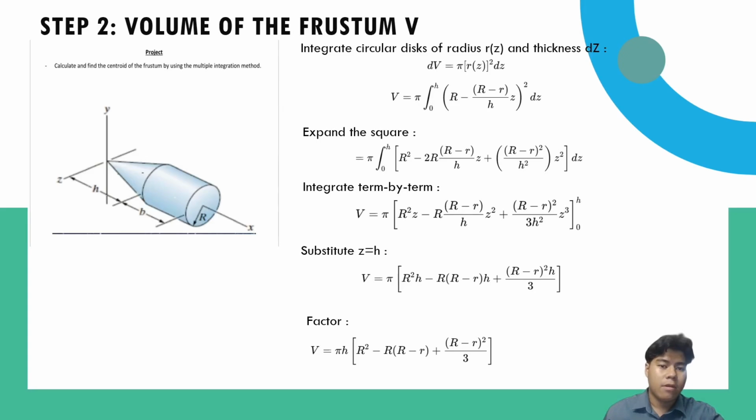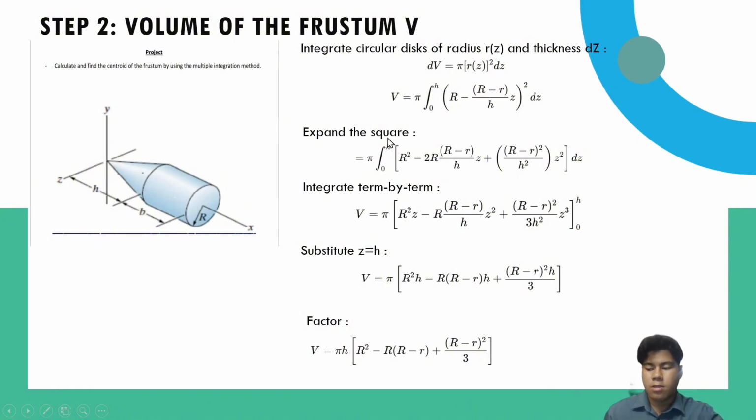Okay. The next step, find the volume of the frustum V. In this diagram, we use cylindrical coordinates. So we need to integrate circular discs of radius r(z) and thickness dz. So the total volume will be represented by this equation.